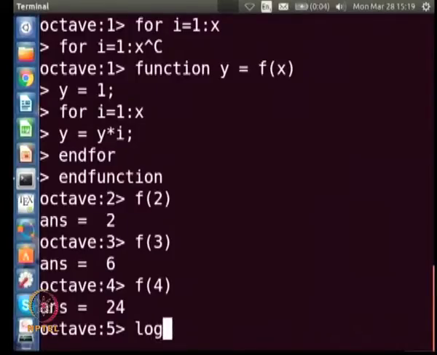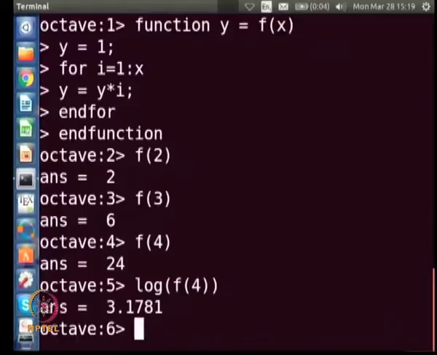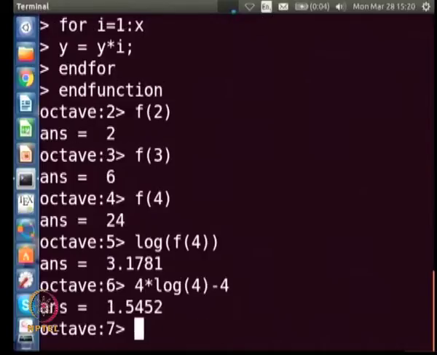The logarithm of f of 4 is 3.17. If I calculate using the approximation, which is 4 into log 4 minus 4, I get 1.54. So this is off by about 40% maybe.